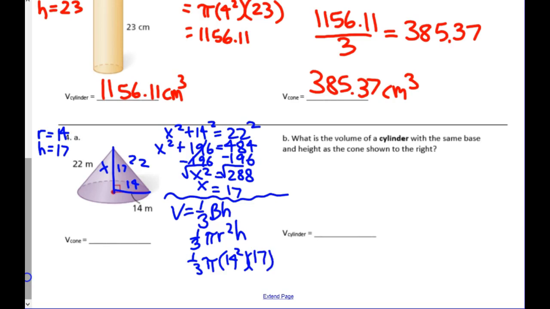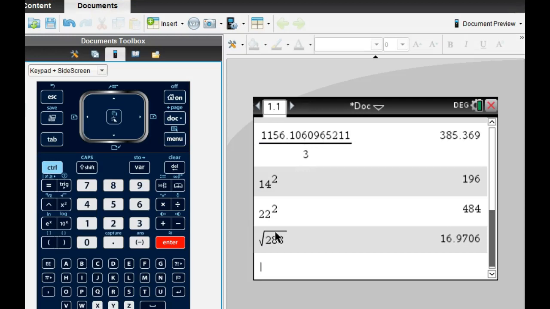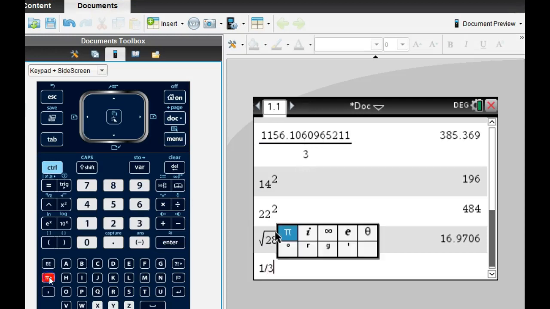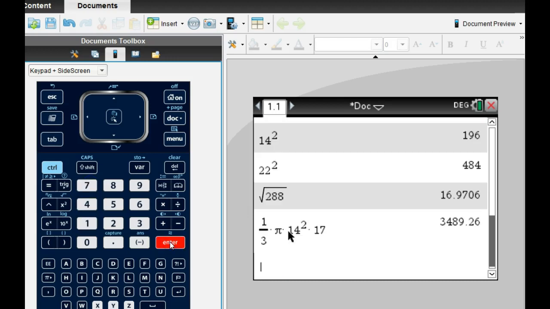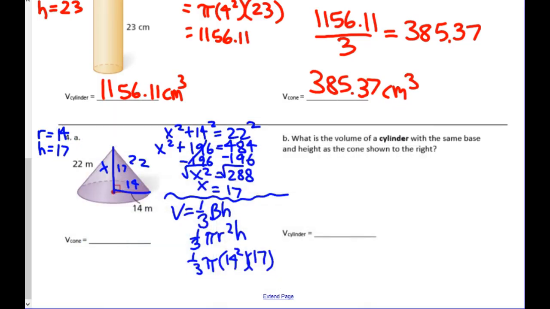Okay? We'll type it in, and we'll get our volume. So 1/3 pi 14 squared 17. I get 33,489.26.